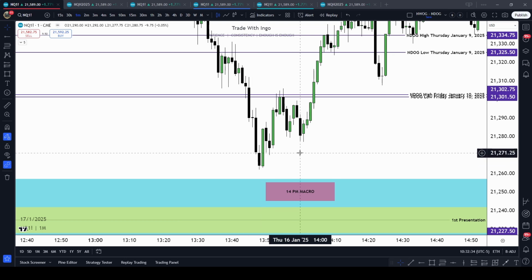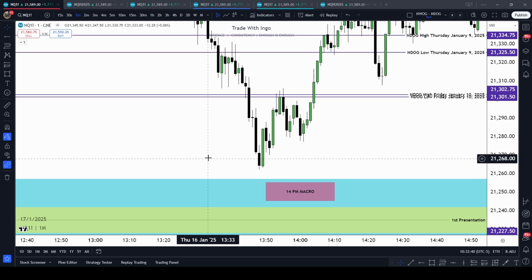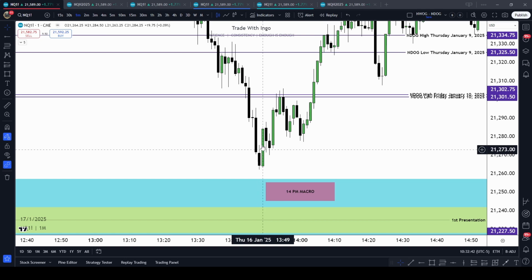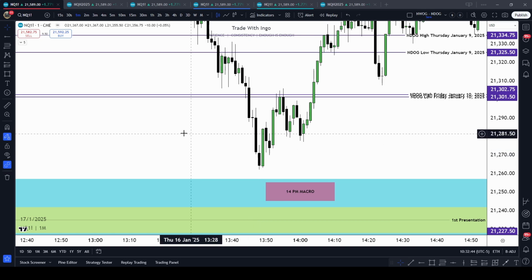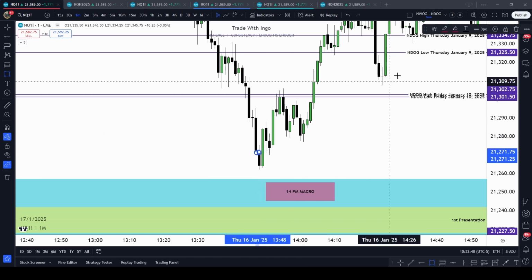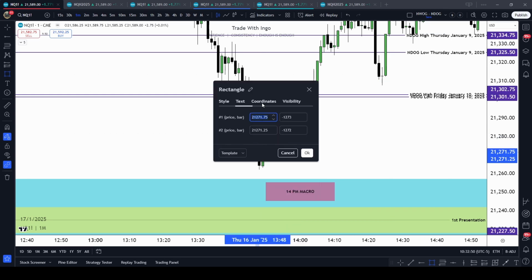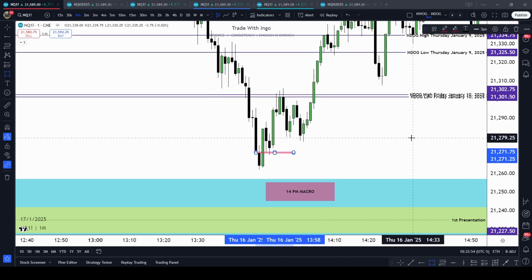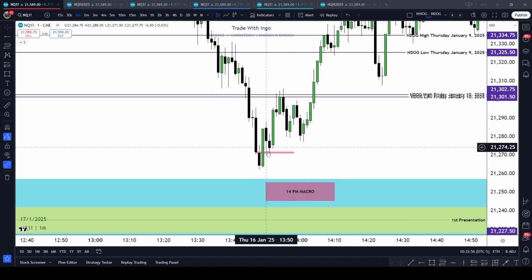If you've been watching ICT for a while, you identify this as the Ingo entry model. We close above the volume imbalance, extend this. We trade back into it and we expand all the way up.